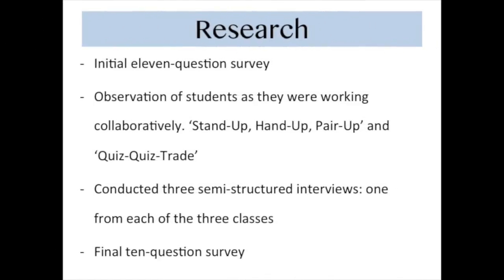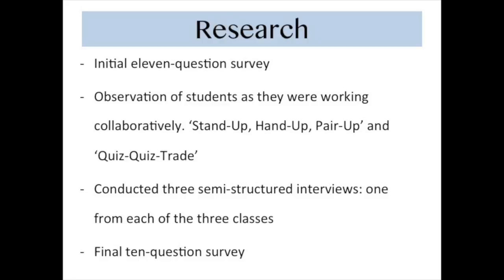So for my research, the students initially completed an 11-question survey that was done on SurveyMonkey. This provided me with a baseline of their current preferences and perceptions regarding grouping. I then did some observations, one of which was as the students were completing 2 Kagan structures: a stand-up, hand-up, pair-up, which is a grouping method, and the actual structure was a quiz-quiz-trade where they quiz each other and they trade cards.